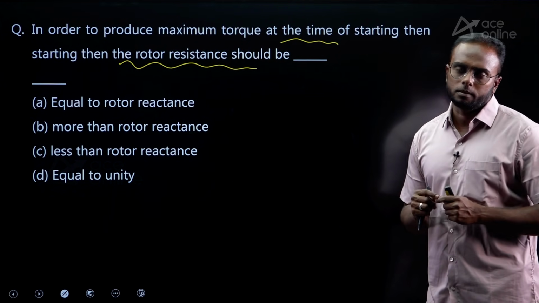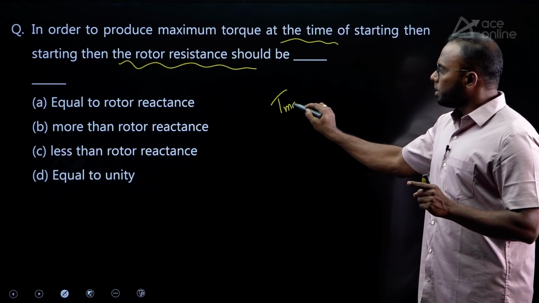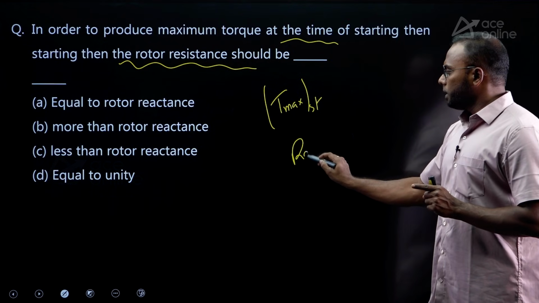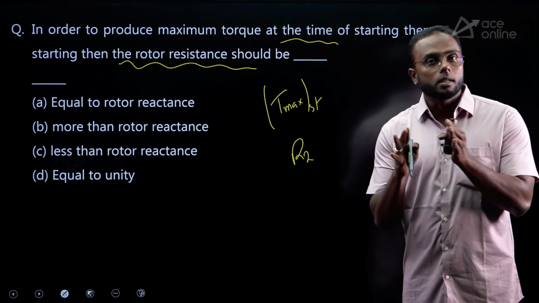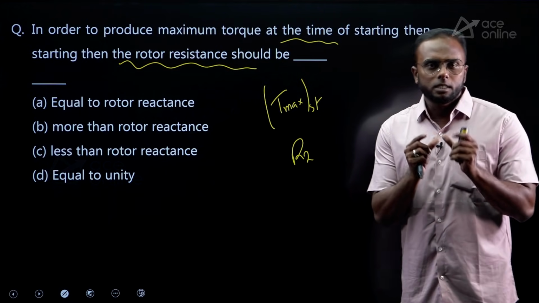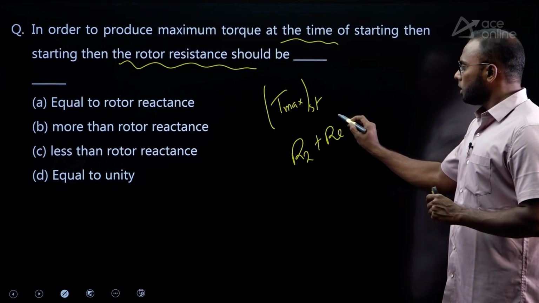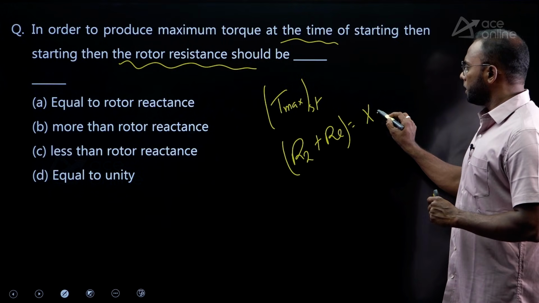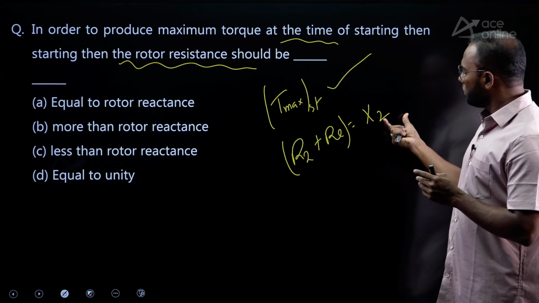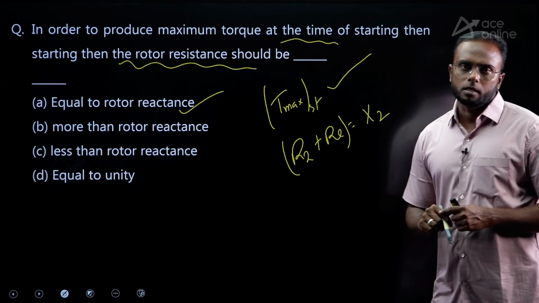If you want maximum torque at the time of starting, the condition is the rotor resistance should be equal to the rotor reactance. But is it directly equal? No, because rotor resistance is very small. So if you add some external resistance such that the total rotor resistance is equal to rotor reactance, then we can achieve this. So total rotor resistance must be equal to rotor reactance. Option A is correct for this.